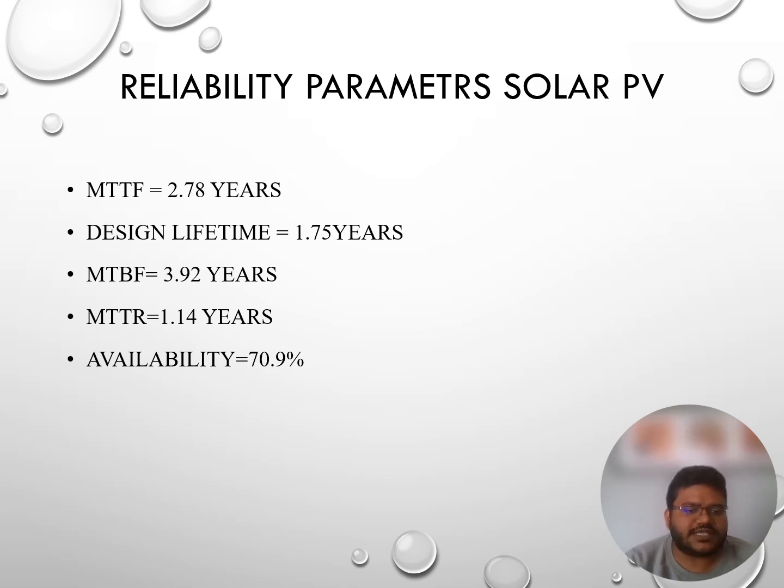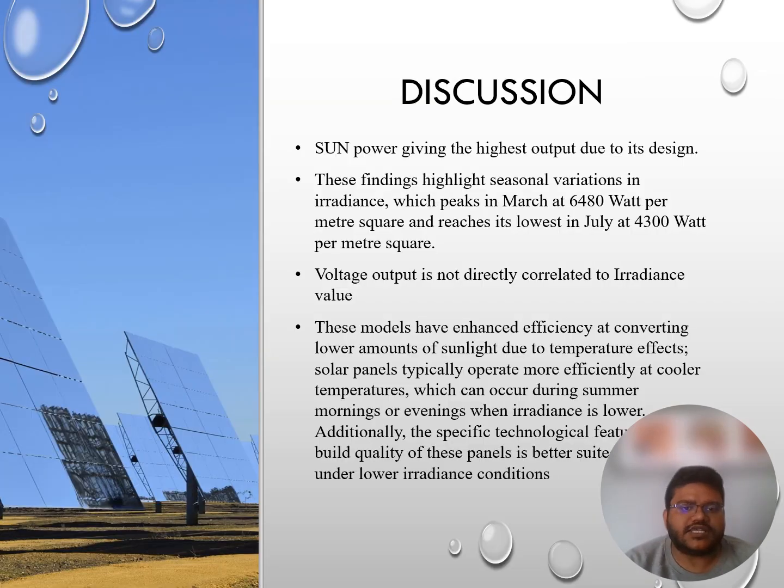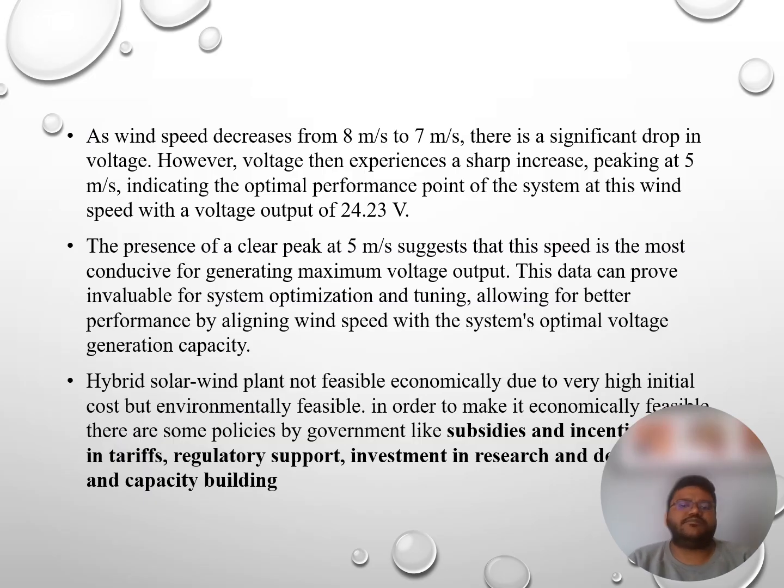So let's move on to the discussion. SunPower is definitely better compared to other models, and it's giving the best output in July, because it works better at a lower temperature than at a higher temperature, whereas the wind turbine is giving the best output at 5 meters per second due to its design.